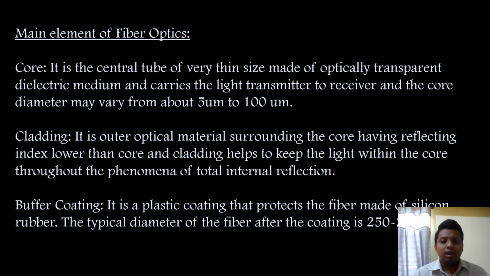Cladding helps to keep the light within the core through the phenomenon of total internal reflection. Buffer coating: it is a plastic coating that protects the fiber, made up of silicon rubber. This coating is between 250 to 300 micrometers.